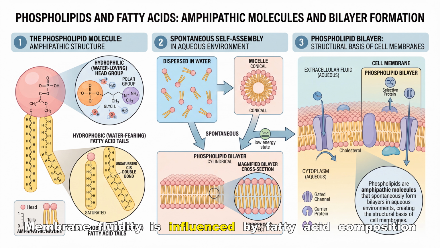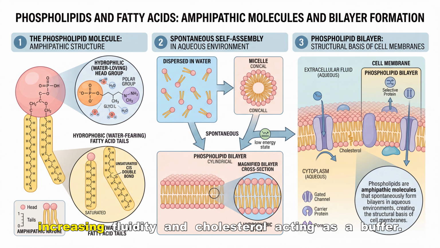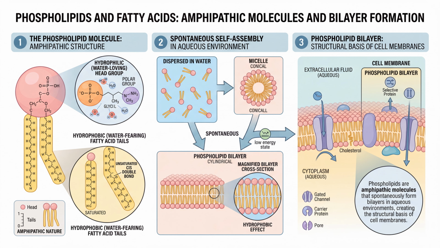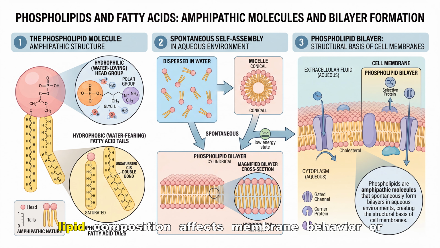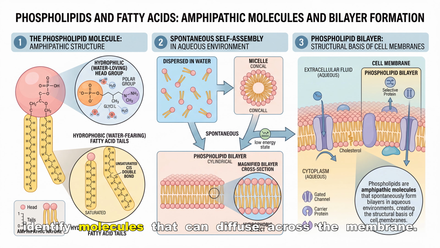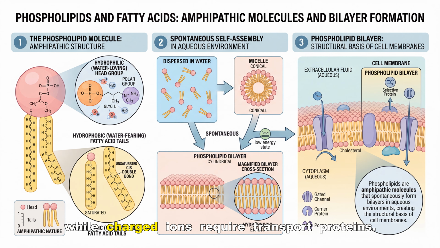Membrane fluidity is influenced by fatty acid composition and cholesterol content, with unsaturated tails increasing fluidity and cholesterol acting as a buffer. On the MCAT, you may need to predict how temperature or lipid composition affects membrane behavior or identify molecules that can diffuse across the membrane. Small nonpolar molecules like oxygen cross easily, while charged ions require transport proteins.